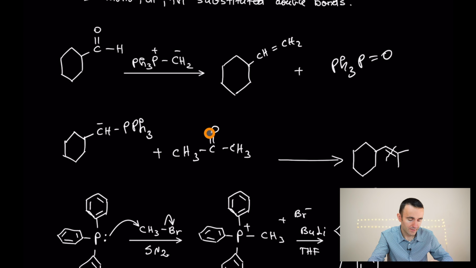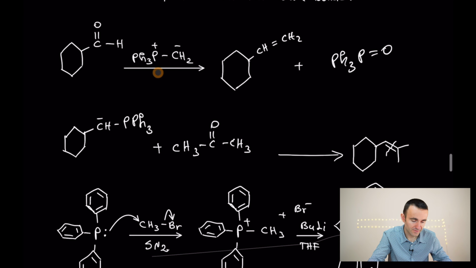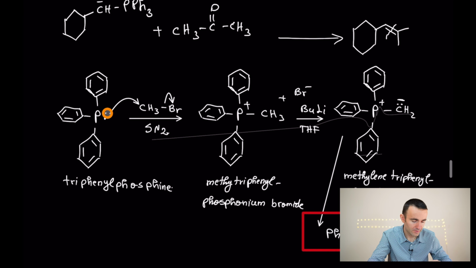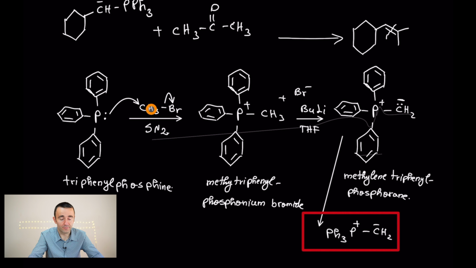How this Wittig reagent is formed: you start with triphenylphosphine and react that preferably with primary and some secondary halides, because the mechanism of this reaction is SN2 and primary substrates work best.